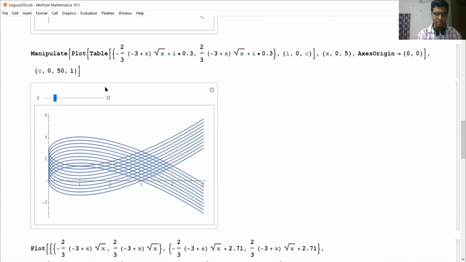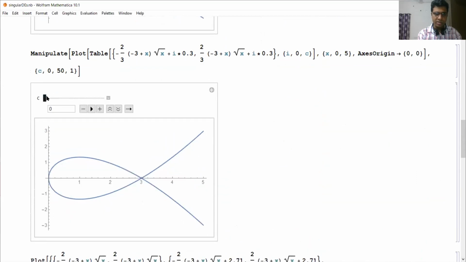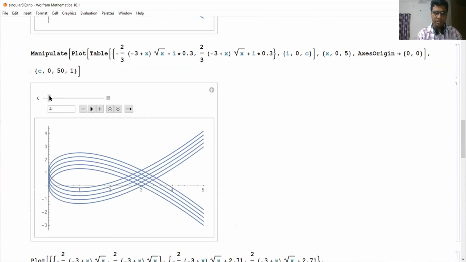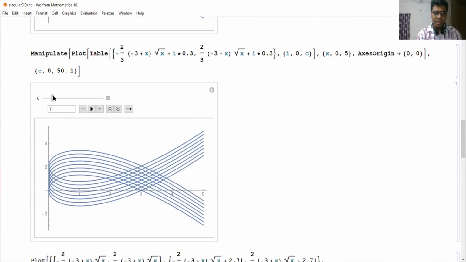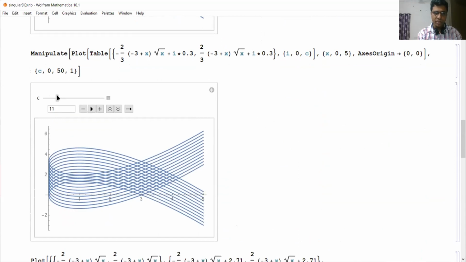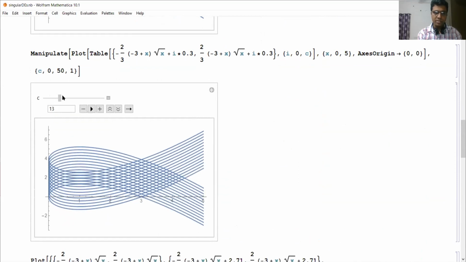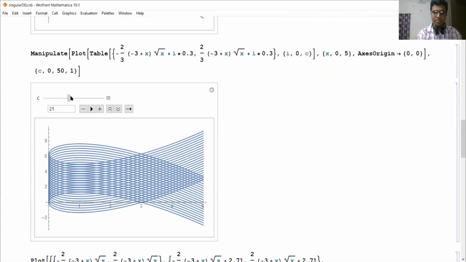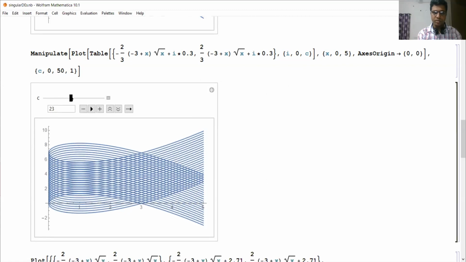So this is a nice example where we consider this solution curve with c equal to 0. Now what happens if we change c? We get such curves. Okay, so at every point on the line x equal to 1, we have two curves which are touching each other. Similarly, if we consider the vertical line x equal to 3, then we always have a curve with a node on this point.